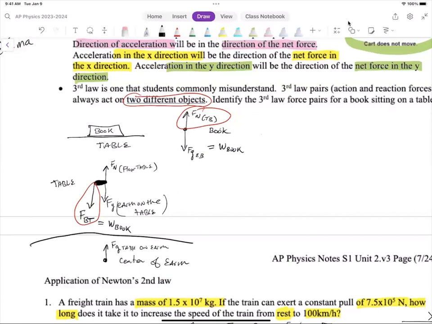So that's the third law pair with that one. And guess what? I'll circle it in green. Let's make a bigger dot. The book is putting a force of gravity on the Earth.